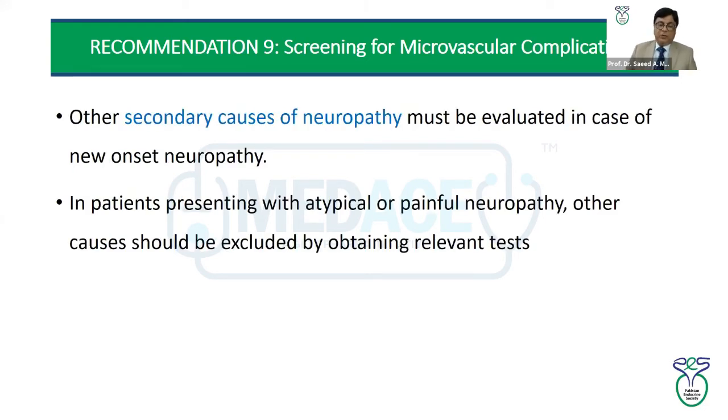But for someone who has neuropathy, we must evaluate this patient for a secondary cause of neuropathy, because in patients presenting with atypical or painful neuropathy, other causes must be excluded. And what are the other causes of neuropathy?